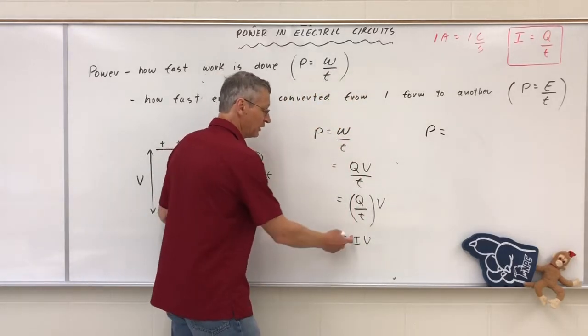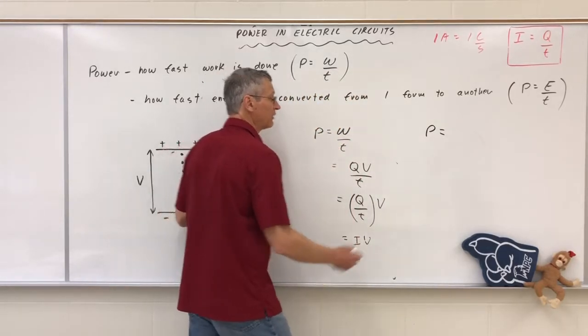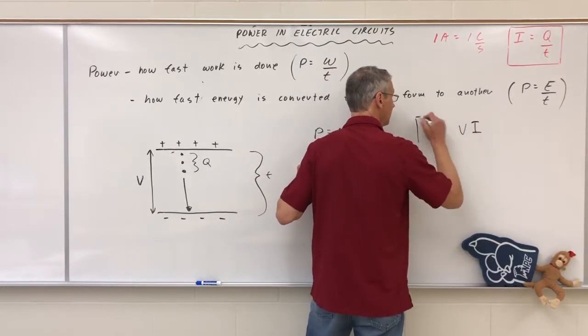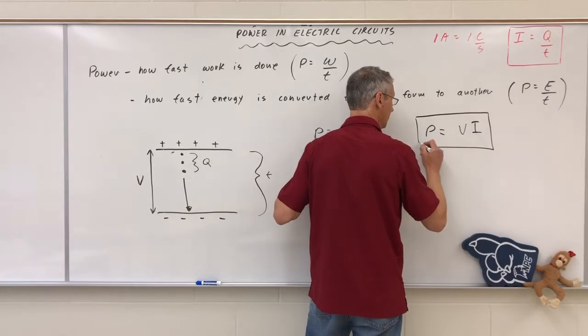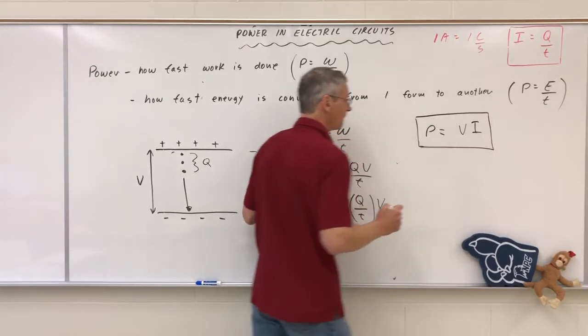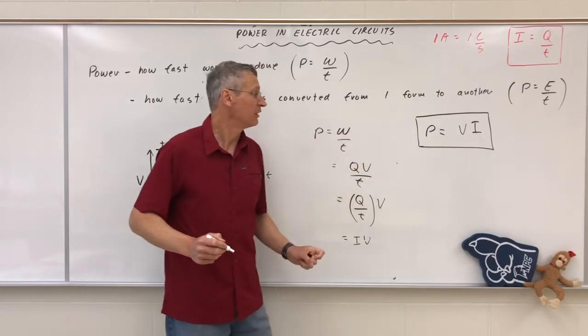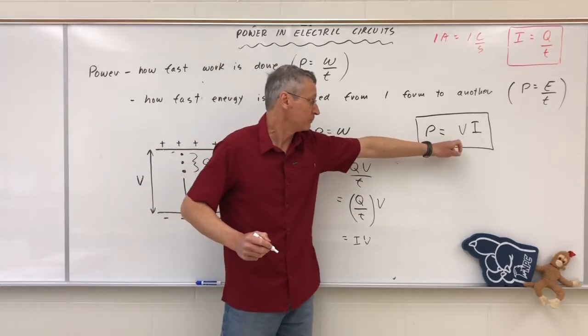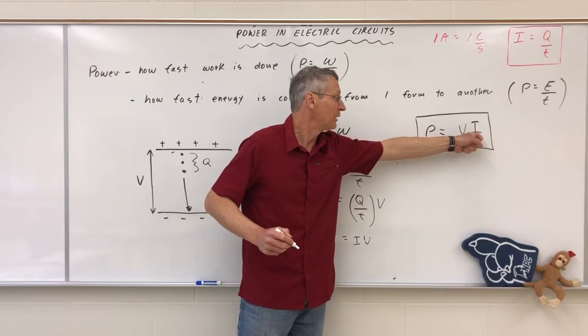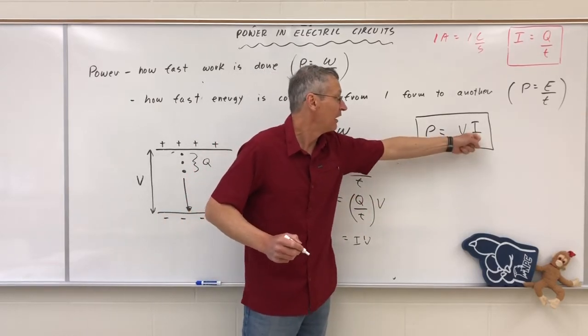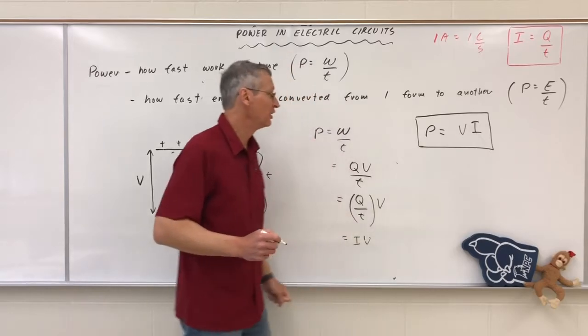You take your current and your voltage and you multiply them together. Reserve a few brain cells for that one. Power is equal to voltage times current. The voltage that a bunch of current is moving through.